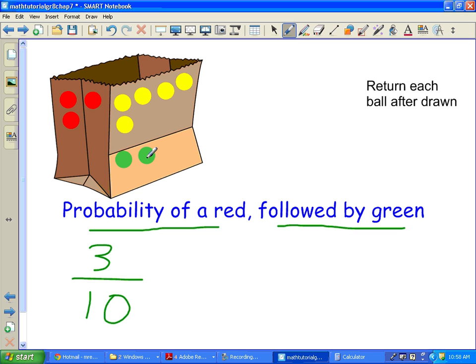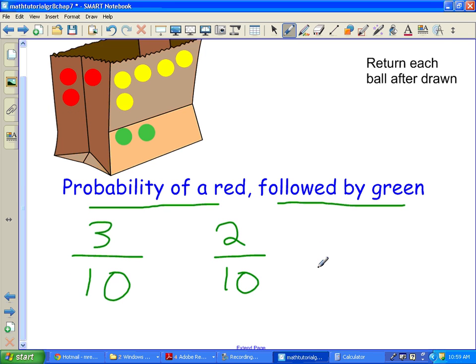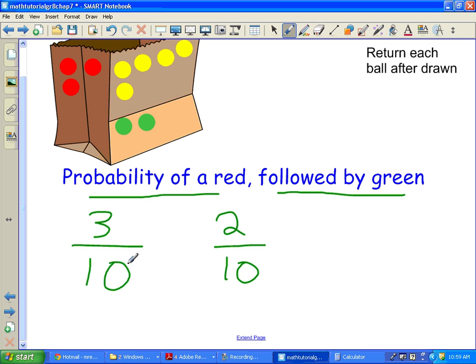We've got 1, 2 out of 10. So we want to get this followed by this. So the probability of red followed by green. And the easiest way to calculate this then is go 3 out of 10 and you multiply that by the chances of getting your green right afterwards.